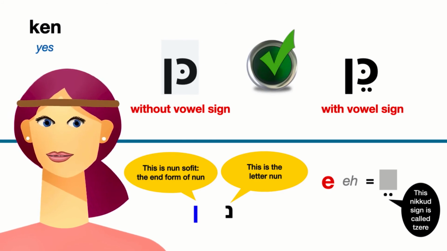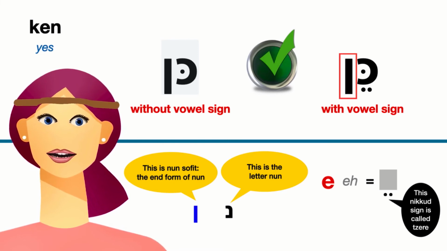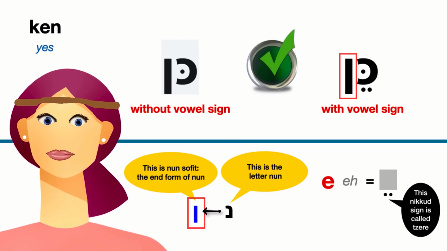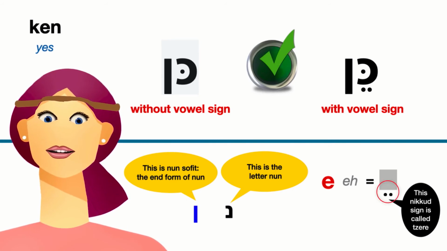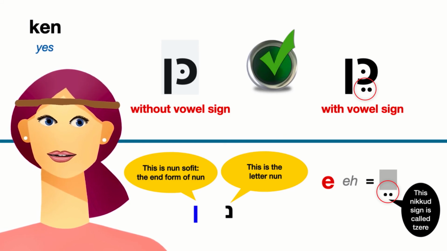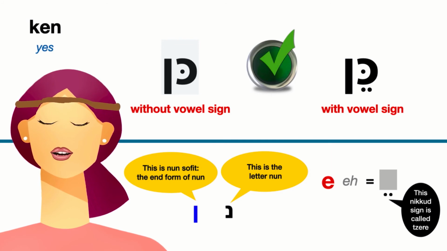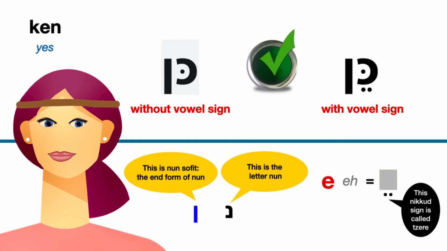As you can see, the n sound is the final sound in this word. Therefore, the sofit form of the letter nun is used here. And as we have seen in a previous example, the vowel e, as in egg, is pronounced when we see a nikud sign that has at least 2 horizontal dots. It's like seeing eggs laid underneath the letter, so pronounce it as the e of the word egg. So, now you know how to say yes in Hebrew: ken.